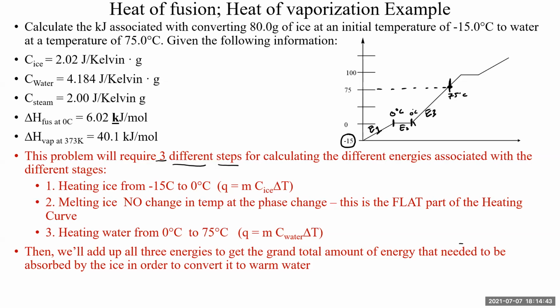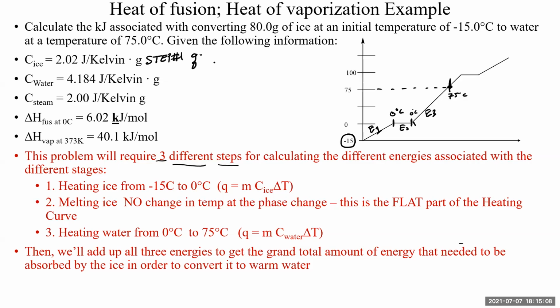So first we're going to calculate the warming up of ice. I know that sounds strange, but ice can be warmed up without actually melting. Remember, ice can get super cold. You can have different temperatures of ice, just like you can have different temperatures of water. We're going to use the specific heat of ice, this one right here, for step 1.